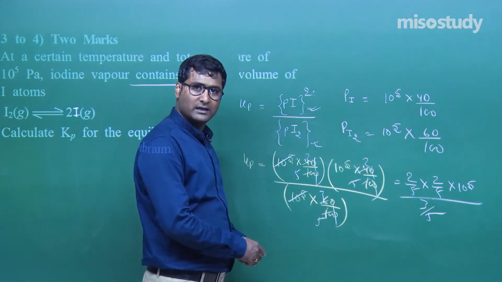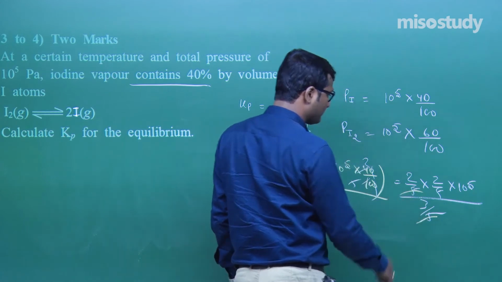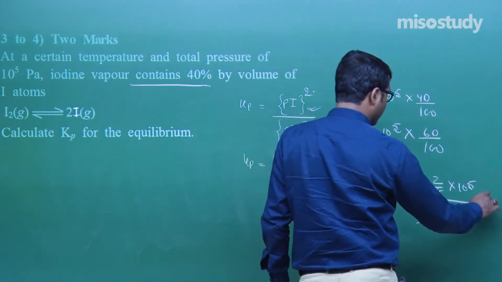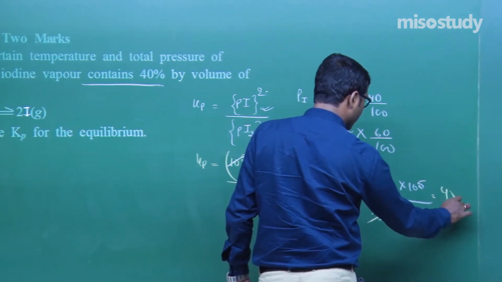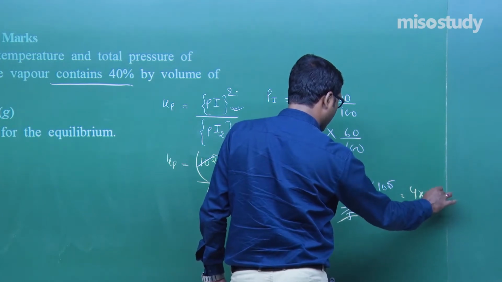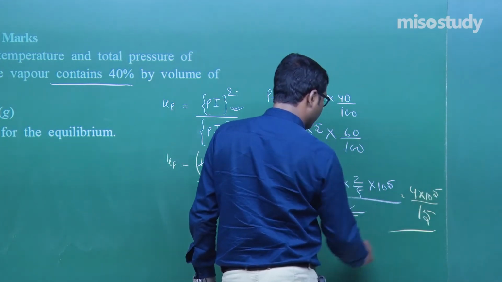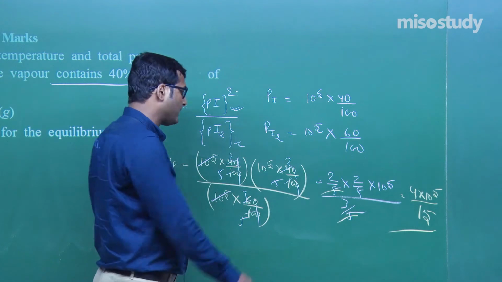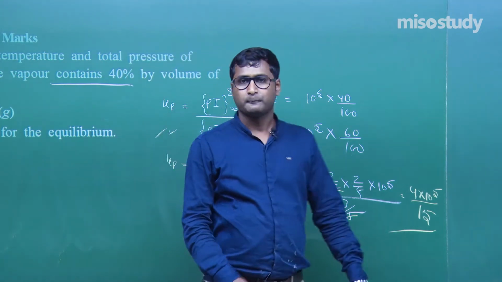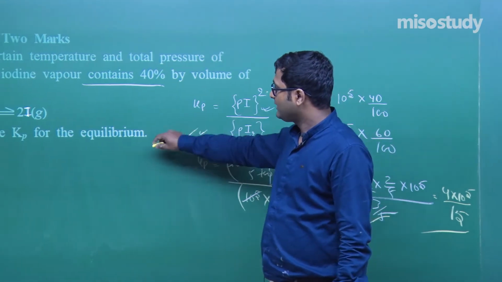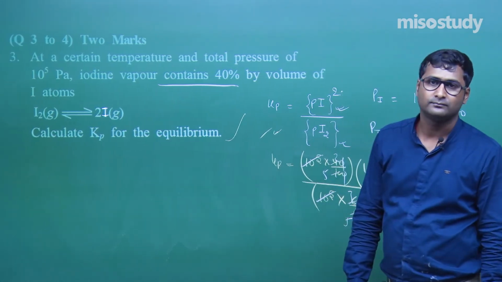Now this 5 and this 5 will cancel each other. What we get is 4 into 10 to the power 5 upon 15. This is a simple method to find out the Kp for the equilibrium.